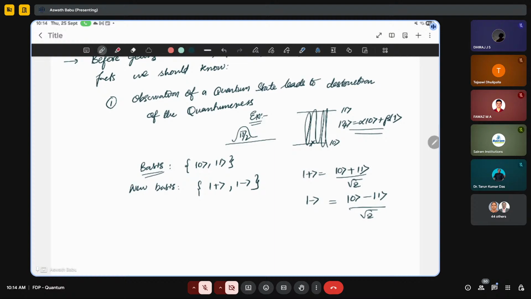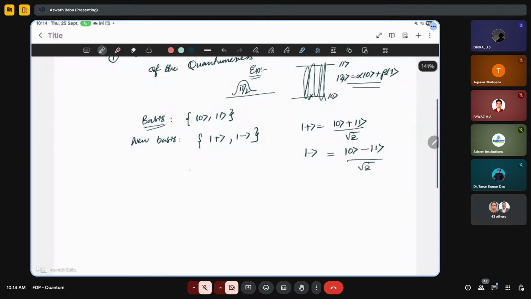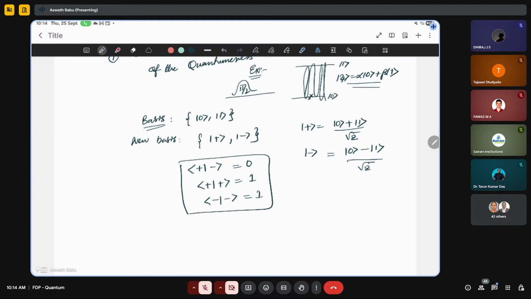Why are they a basis? The inner product between plus ket and minus ket is 0. The inner product between plus ket and plus ket is 1. The inner product between minus ket and minus ket is 1. So these properties are satisfied, so this is a basis. They are orthogonal, perpendicular to each other, or in a way their dot product is 0.